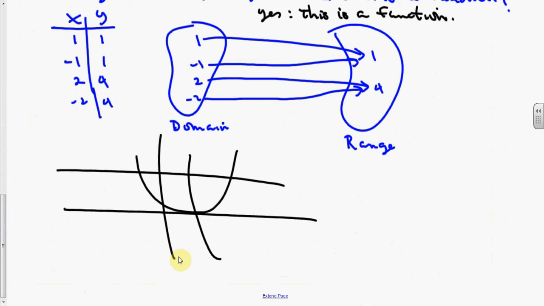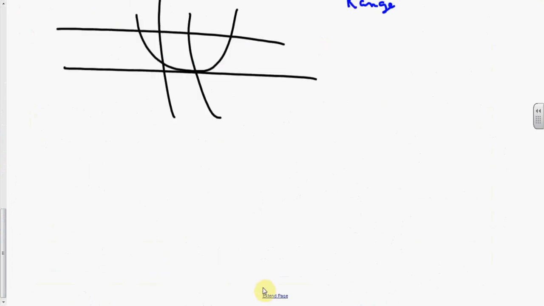Right? So if that's the case, then what about x equal to y squared?